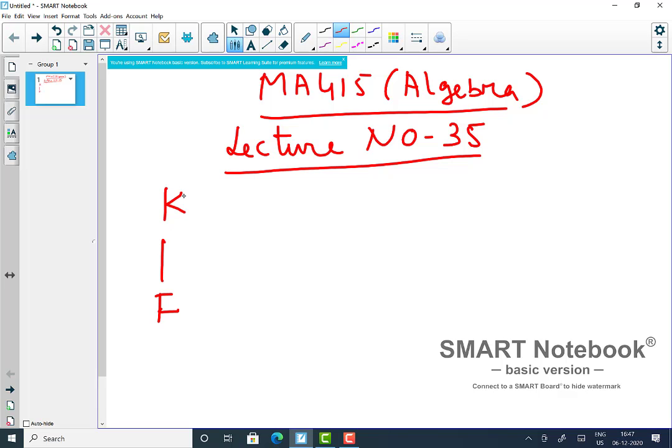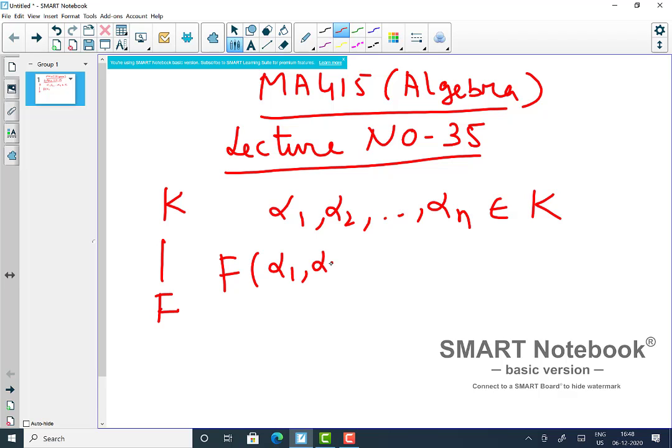That means K is an extension of the field F, and suppose you have some elements, say alpha 1, alpha 2, alpha n, belonging to K. Then we define the new field F of alpha 1, alpha 2, alpha n. This is a subfield of K.